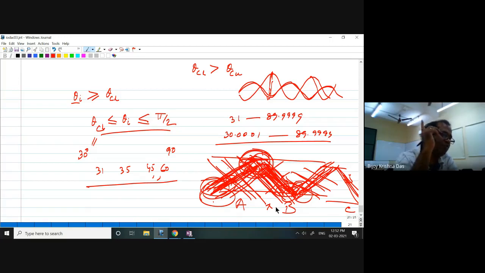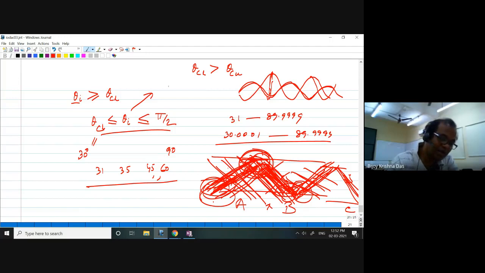So what we have learned today is that total internal reflection is not the only condition required for guidance. You need to think about a second condition, and because of that condition comes the concept of guided mode. Mode, have you heard of it? With the guided mode concept, not all theta I values will be accepted.